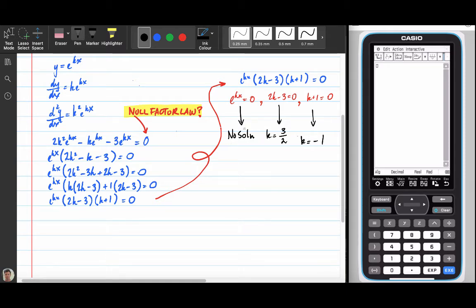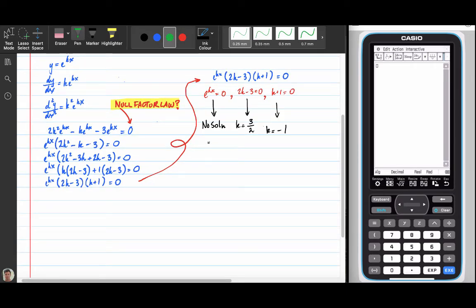So we have no solution for the e to the kx part, but then we have two solutions for that final part. So the values, plural, of k: k is equal to 3/2 and k is equal to -1.